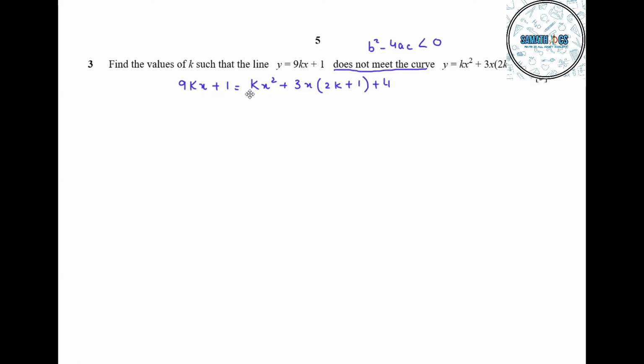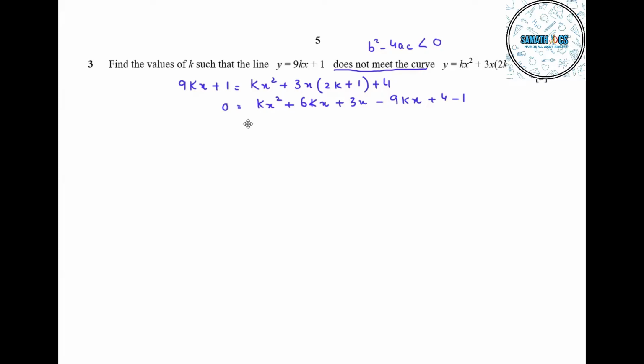Now we will take all the terms on this side. kx square plus, we will simplify as well, 6kx plus 3x minus 9kx plus 4 minus 1 is equal to 0.